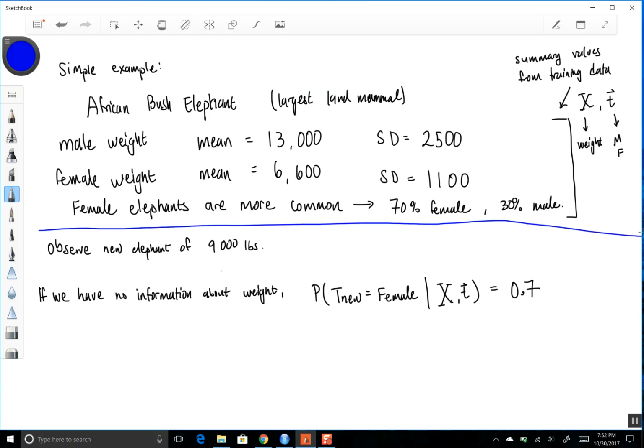Okay, but now we want to factor in this bit of information. We have an elephant that weighs 9,000 pounds. How do we combine that with our prior information here?